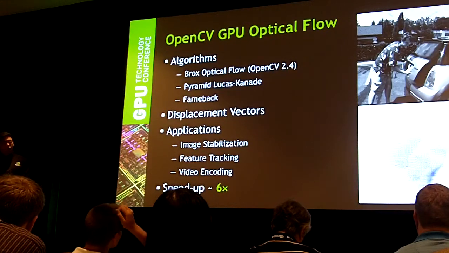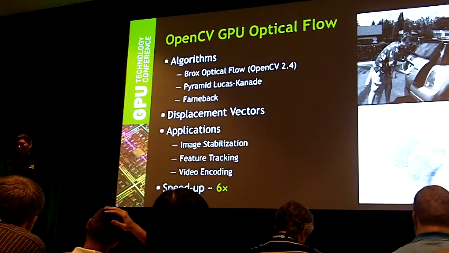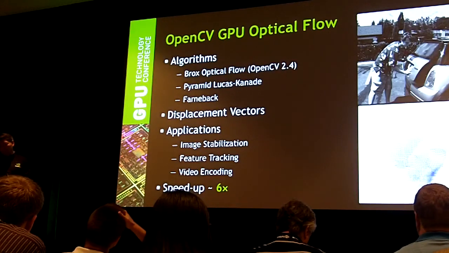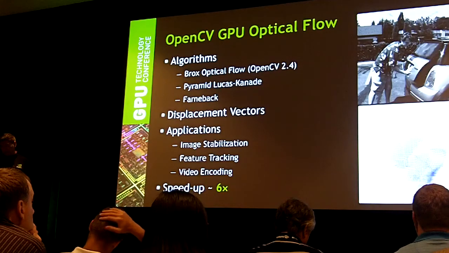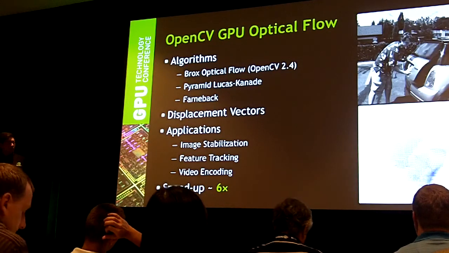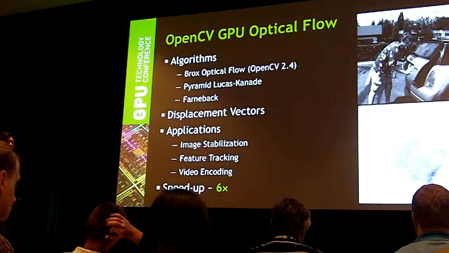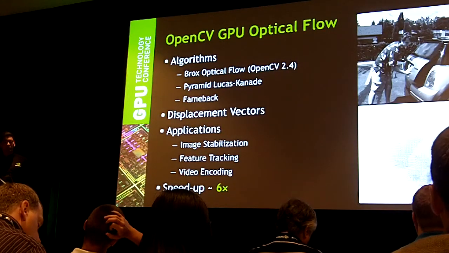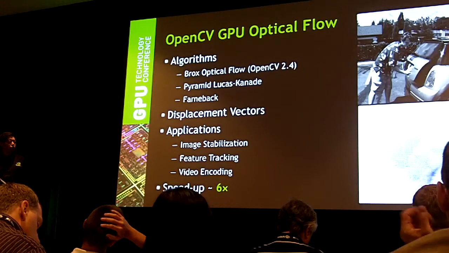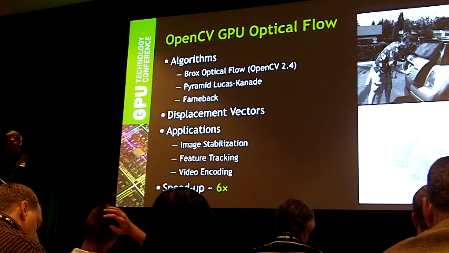This method is also less sensitive to image noise than pointwise methods. For some of these algorithms, we achieve a speed-up of 6x. So you can use optical flow for things like image stabilization, feature tracking, or even video encoding.